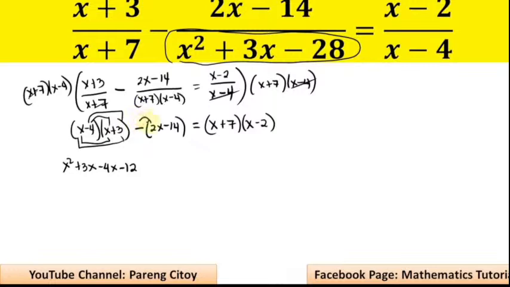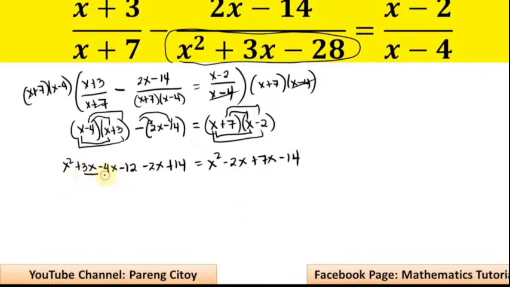Then distribute natin, negative 2x, then magiging positive 14 equals x times x, x squared, x times negative 2, that is negative 2x, 7 times x, that is positive 7x, and 7 times negative 2, that is negative 14. Then, isimplify natin, 3x minus 4x minus 2x.